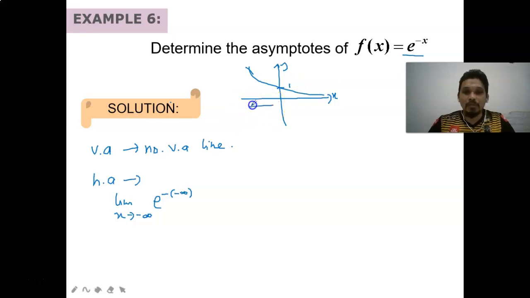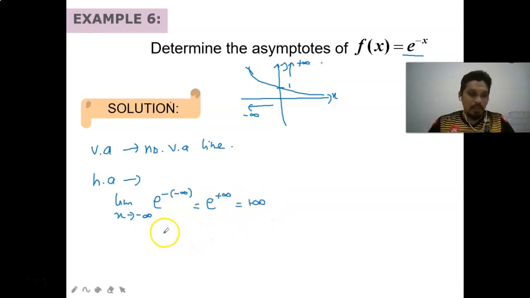So when x approaches negative infinity, the function f(x) approaches positive infinity. Here we get e to the power of positive infinity equal to positive infinity.